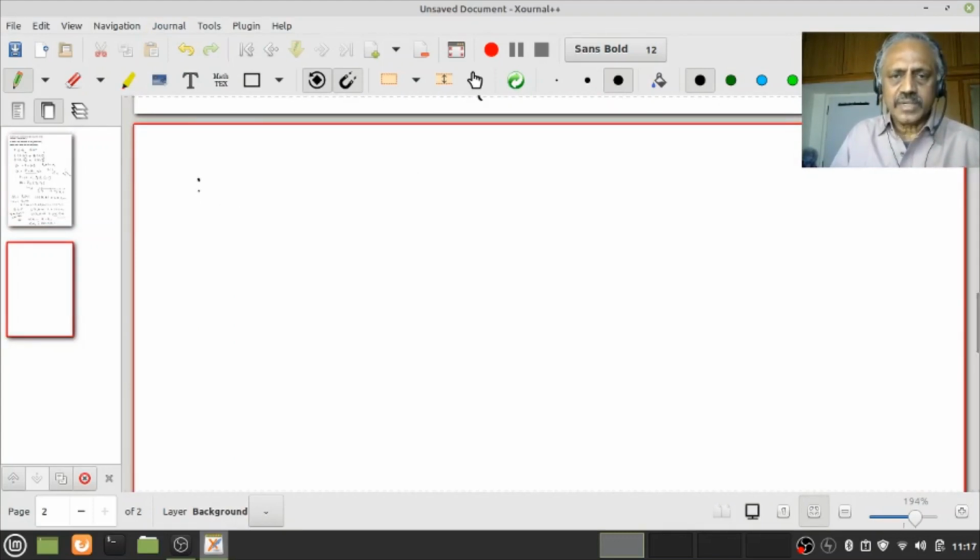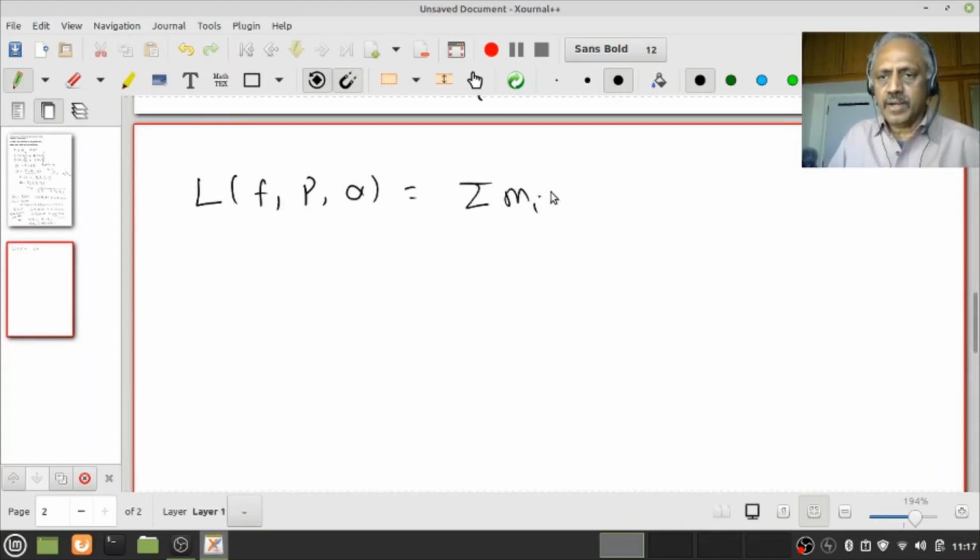Therefore, what is our L(f, P, alpha) now? It is the sum of m_i of f times delta alpha_i, for i equal to 1 to n, and similarly U(f, P, alpha).